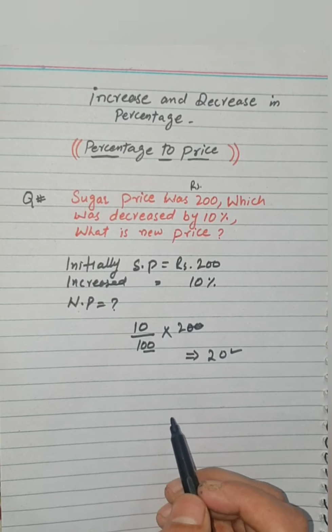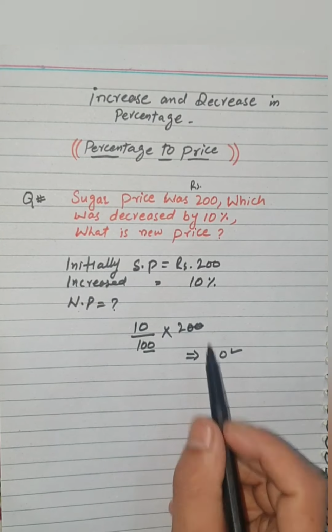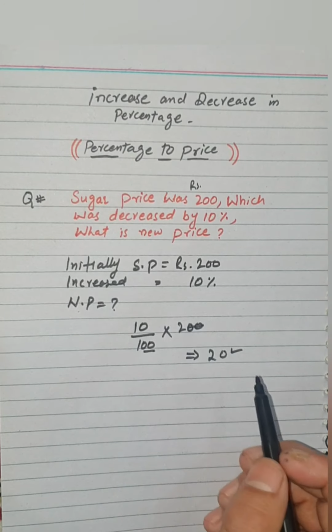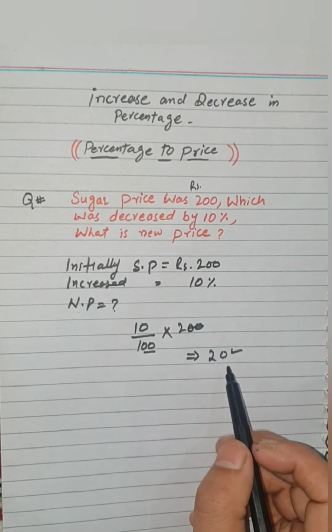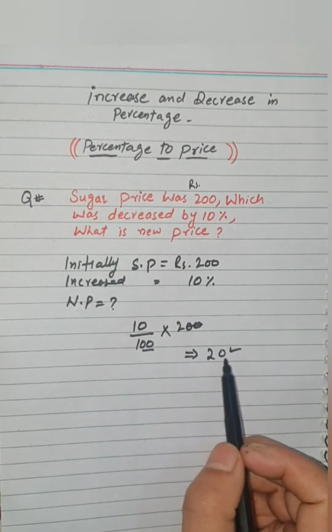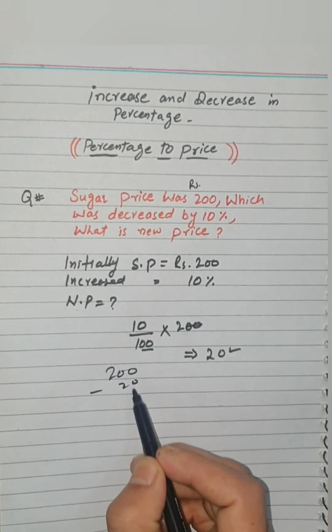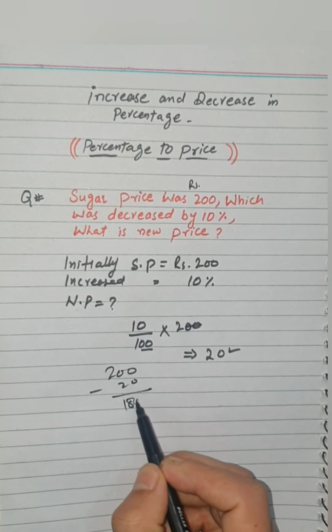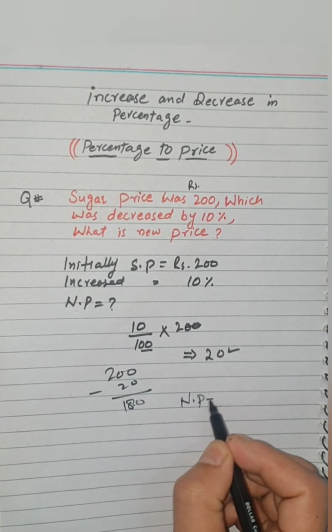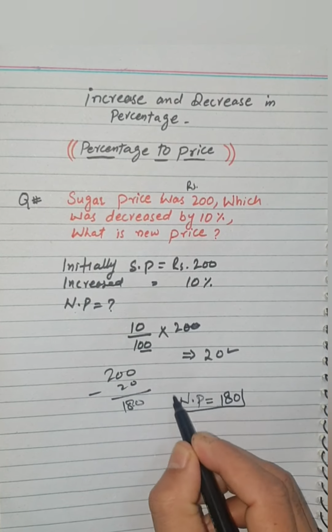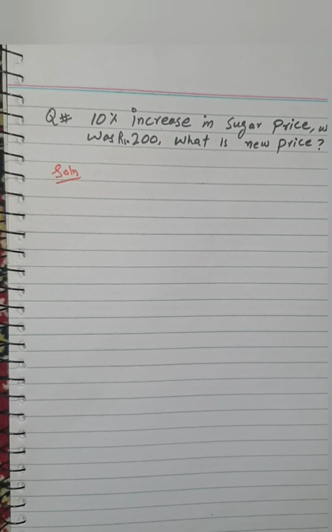As the sugar price was decreased, we will subtract this 20 from 200. 200 minus 20 is equal to 180.